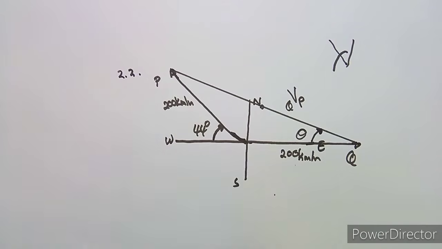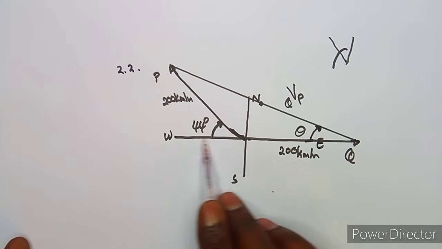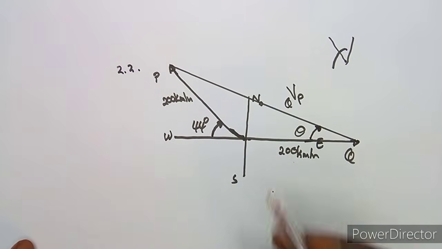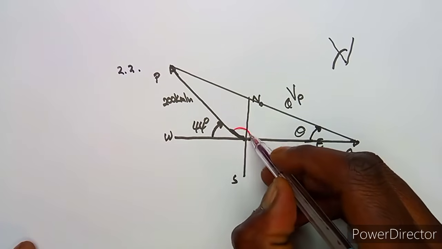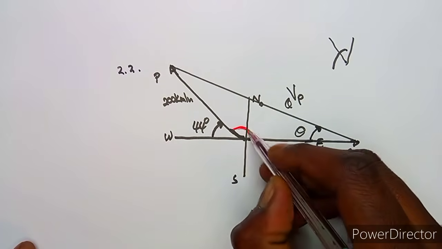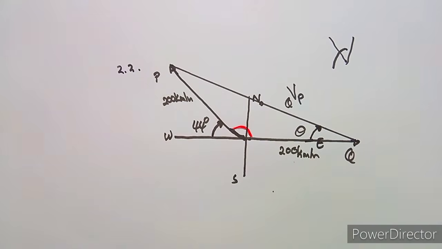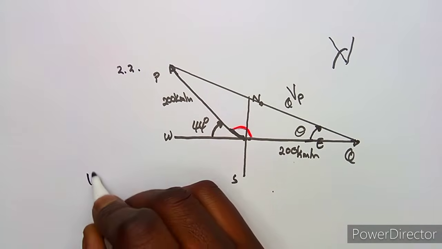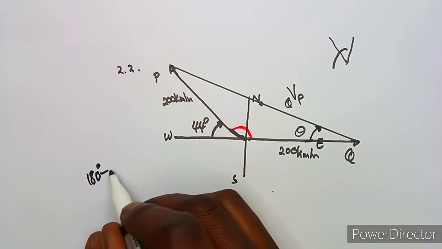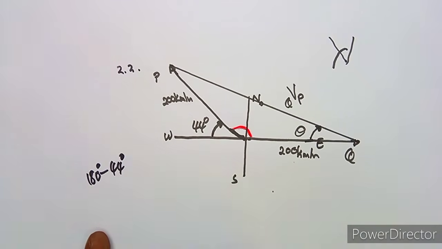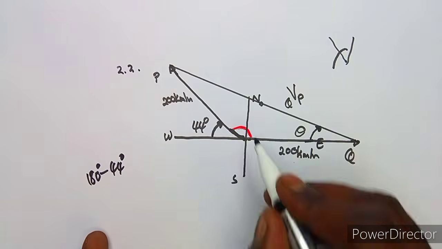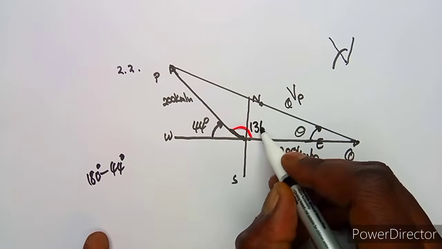From the concept of a straight line, we know that angles on a straight line add up to 180 degrees. So in order to have this angle inside the triangle so that we can calculate this velocity, we subtract 44 from 180. So 180 minus 44, that's 136 degrees.